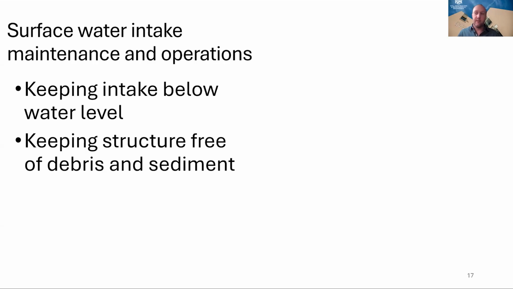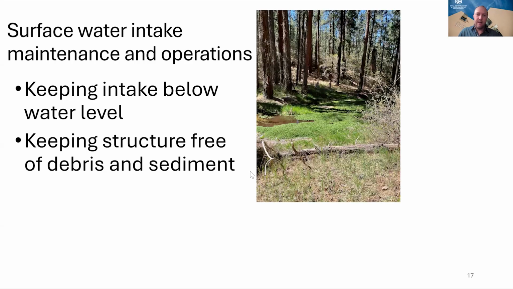This is a huge challenge with surface water, of course, because surface water has all kinds of stuff running off into it, whether it's things like sticks and leaves, or even just sediment after seasonal rains, or in the winter here, a lot of the runoff from the snow puts a bunch of sediment into the river. And so, in this example, this is an infiltration gallery underneath this creek. And this is in an area that was recently burned by a wildfire.